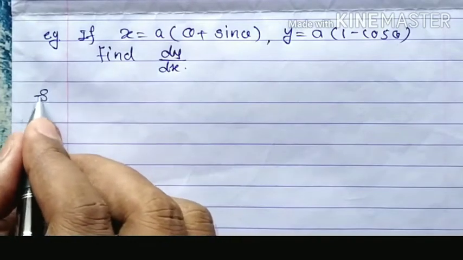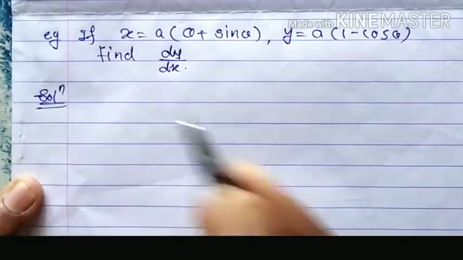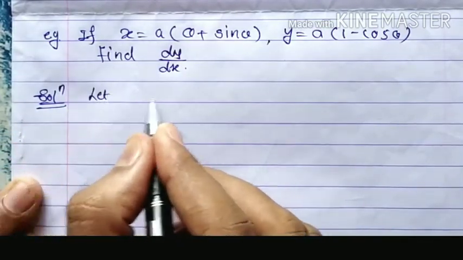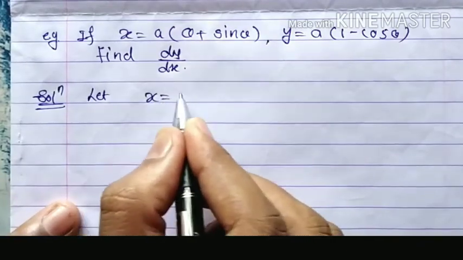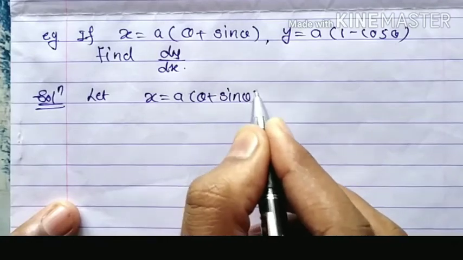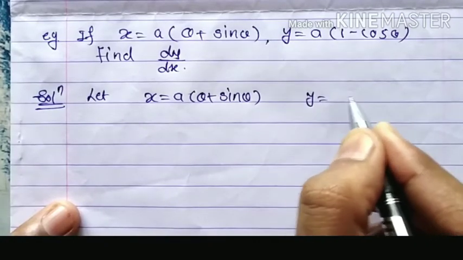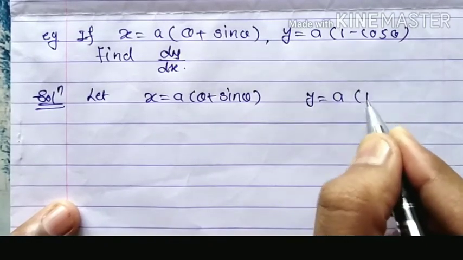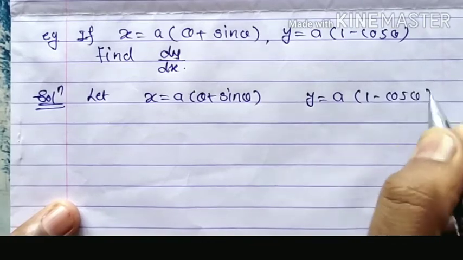As in the earlier formula, we consider first x and y. So x is equal to a into theta plus sine of theta, and y is equal to a into 1 minus cos of theta.